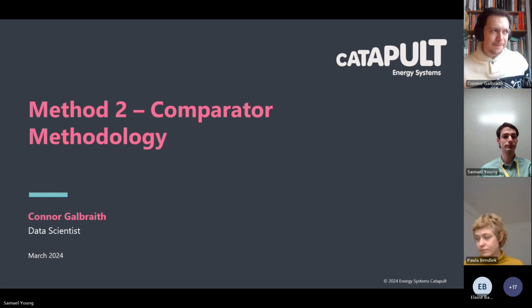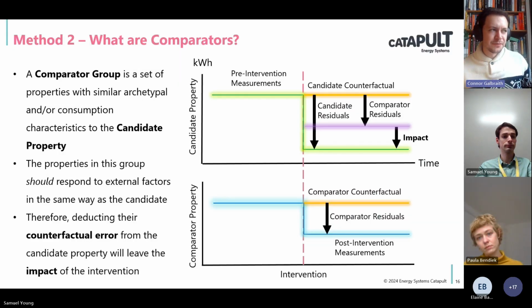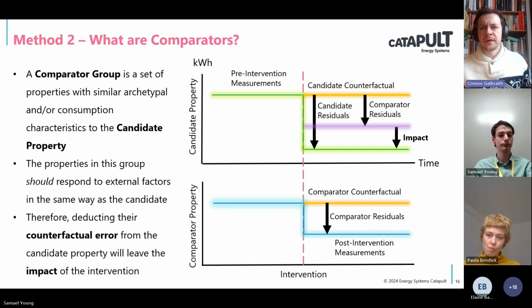So we need an approach for mitigating the fact that OpenEEMeter only looks at temperature. It can't account for externalities that affect the consumption of all properties in a jurisdiction, a country, a society, a market.